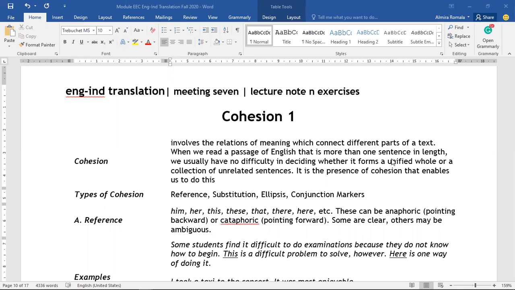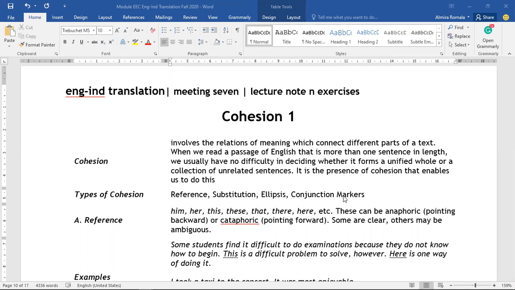But how can we make use of cohesion in producing a good translated text? Okay, let's discuss some types of cohesion. There are several types of cohesion: reference, substitution, ellipsis, and conjunction markers.